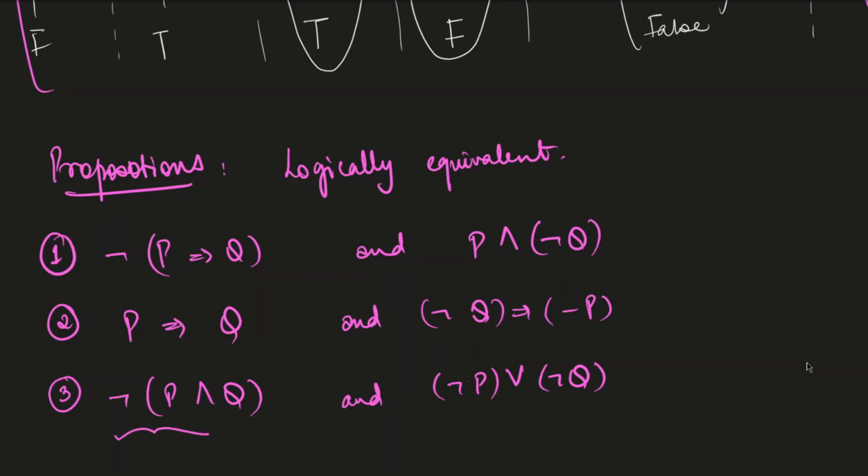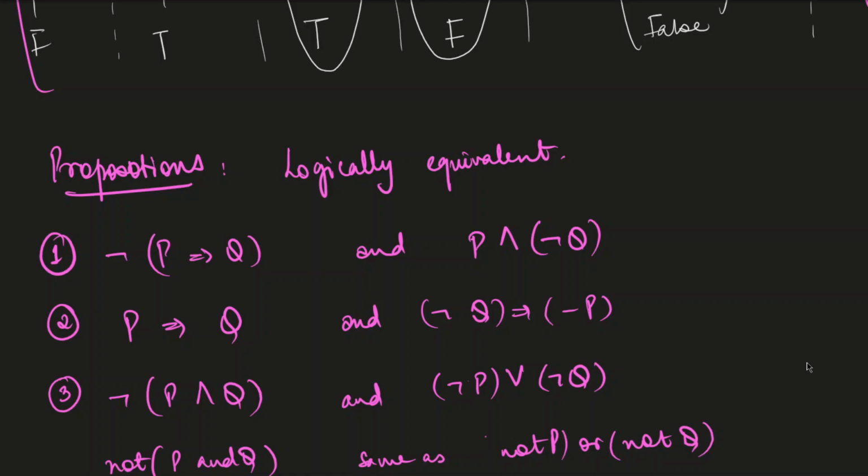Some people will like to read the negation of an AND as not P and Q is the same as not P or not Q. This is all that is saying, for all those computer science and math students out there who understand this better. So again, you'll have to make the truth tables and derive the values.